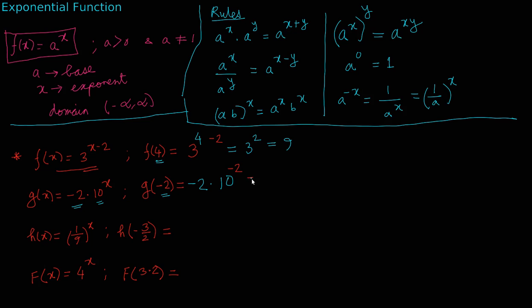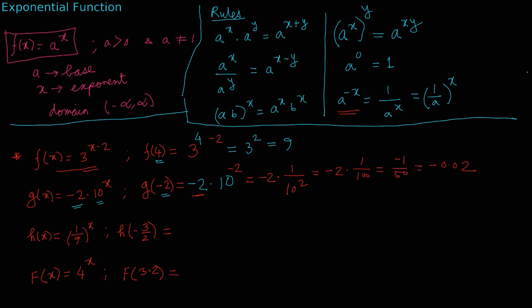Then 10 power negative 2 I can write as 1 over 10 squared. Then 10 squared is 100, so it equals negative 1 over 50, which is negative 0.02. That is the simple evaluation.